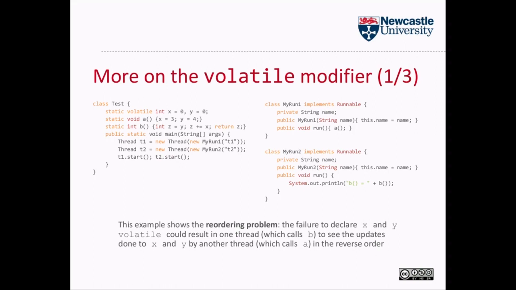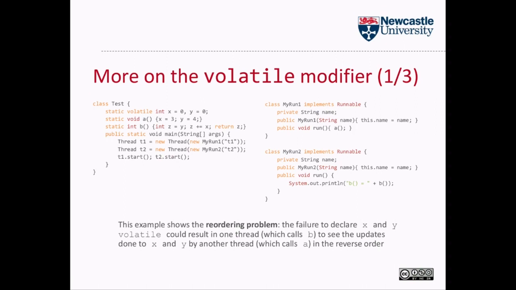A reordering problem happens when you have 2 threads, and you have 2 variables which are not declared volatile, okay, and you have the perception that the operations within the A and B methods being used by these threads, which are runnable, are interleaved.